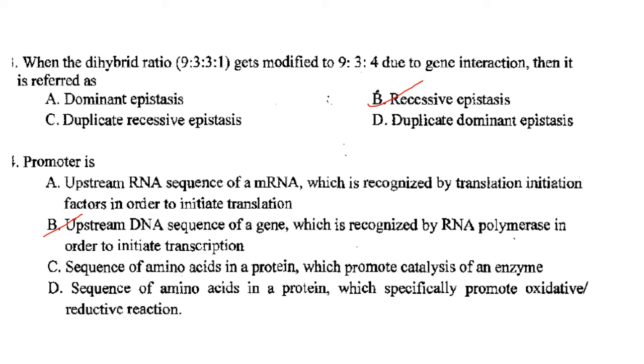The next one, promoter is upstream DNA sequence of a gene which is recognized by RNA polymerase in order to initiate transcription. Answer is option B. That's a direct question.